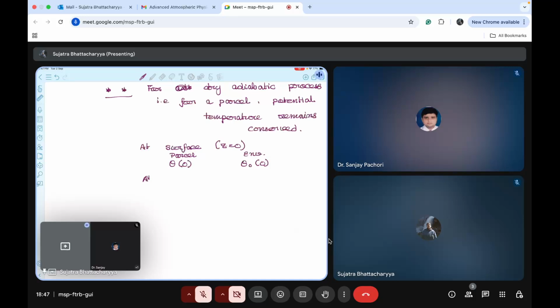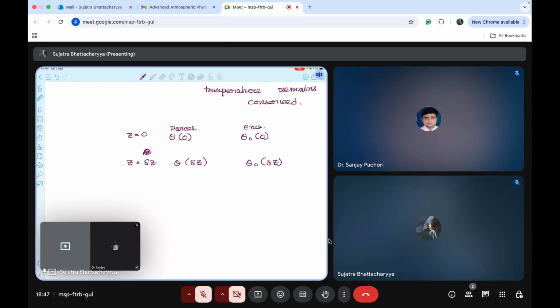Now z equal to delta z: this is theta of delta z and this is theta naught of delta z. Tell me, for the parcel, what will be the theta of delta z? It should be theta of 0.